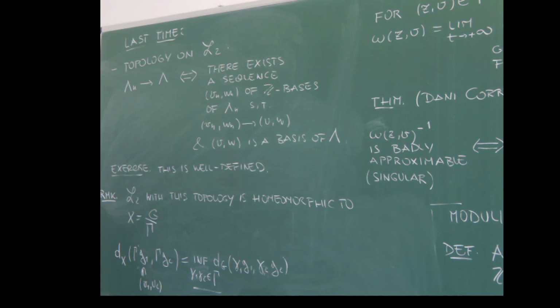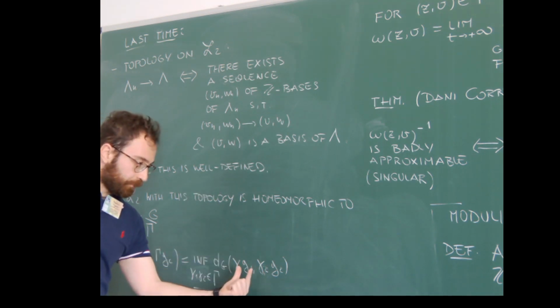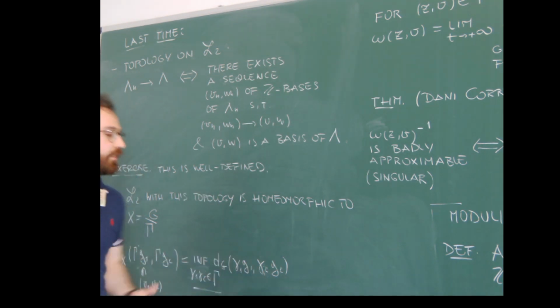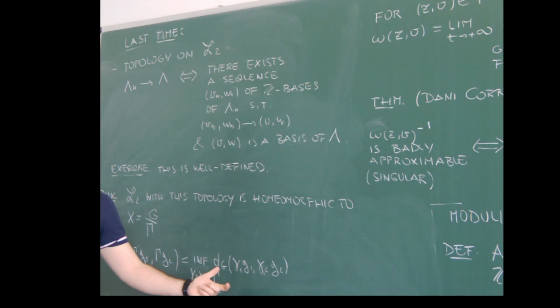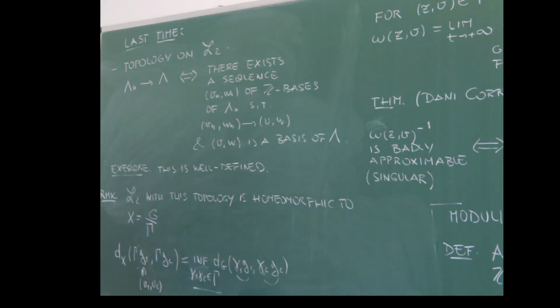Essentially what you're doing is taking the distance between two different bases of these two lattices. This gives me a lattice in R2, that gives me a lattice in R2. I run through all possible bases of the lattices and I check which ones are closer.